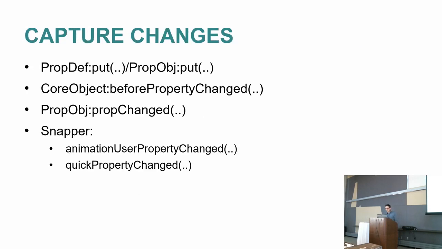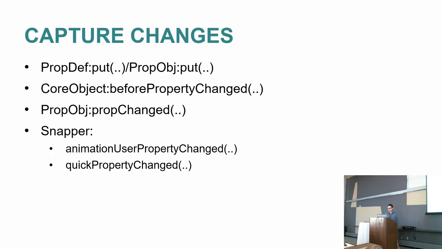Capturing changes. Now that we know how to create them, how do we start doing stuff apart from the ordinary? We have a few different methods that you can take a look at. The most commonplace might be within that prop def syntax in that put. This actually gets used quite a bit, so it might not be the best place.